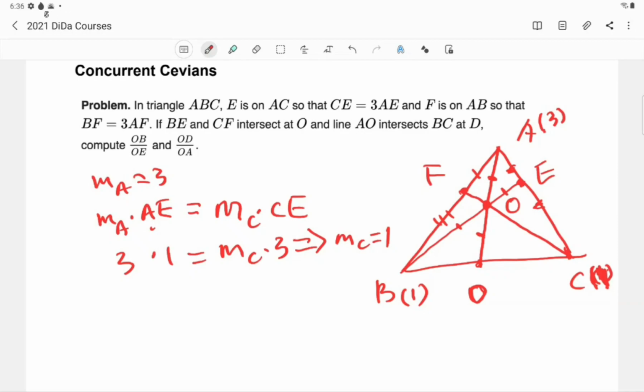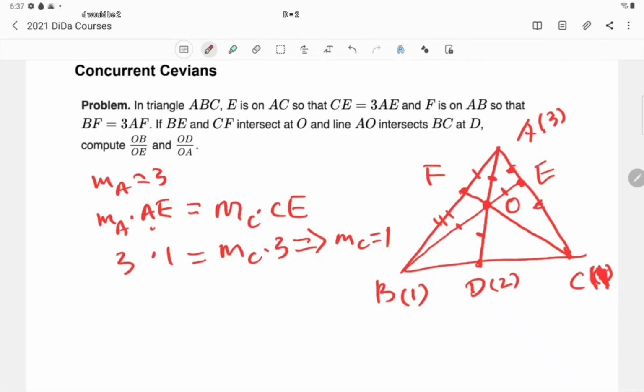Sorry, it's a bad notation. I meant the mass of D. This is not O. Let me erase it. What's the mass of D? Right, the mass of D is just the mass of B plus C.